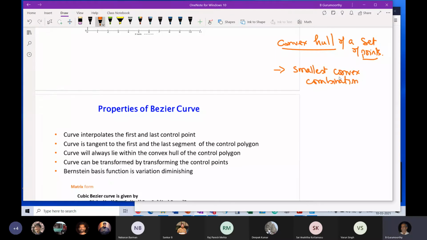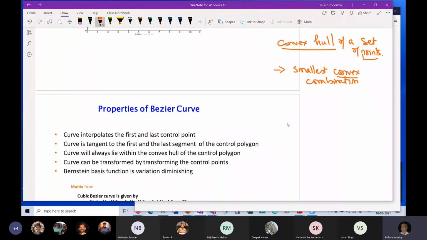Now, what does convex mean? Convex means that if I join 2 points in that set by a line, the line stays inside that set. It doesn't go outside the set. That's what we mean by the convex combination. And the convex hull gives you the smallest convex combination of the set of points.